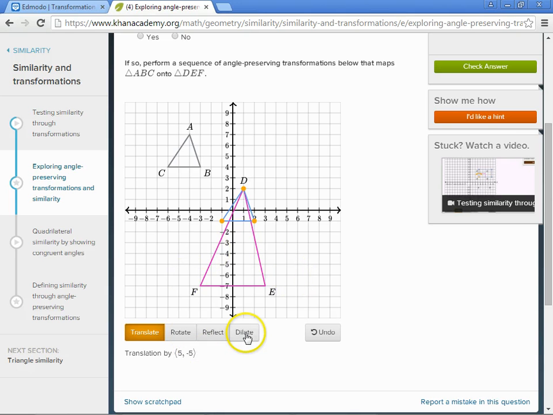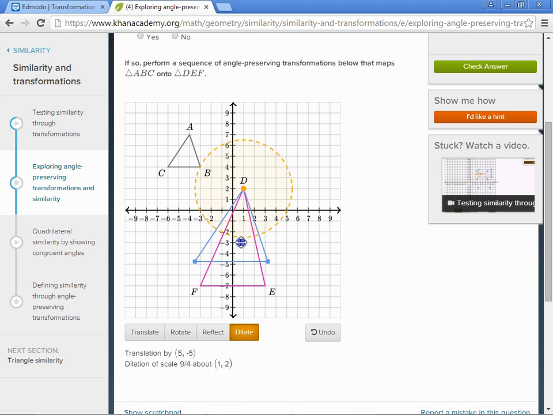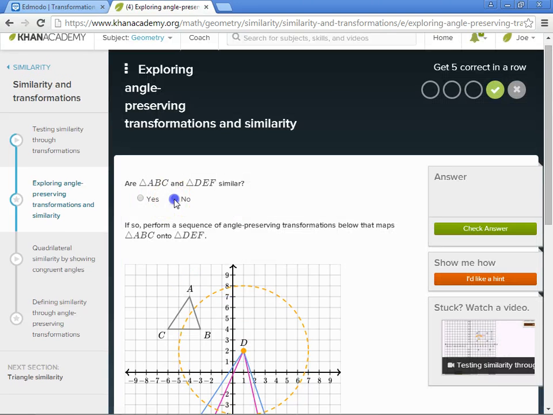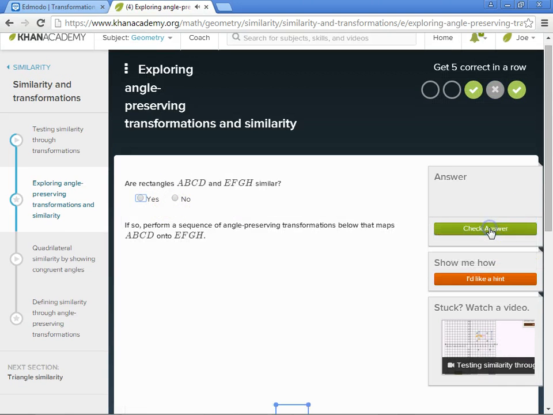And we will dilate our triangle. And I think we've clearly shown that since we cannot map ABC onto DEF, the triangles are in fact not similar. And we are correct.